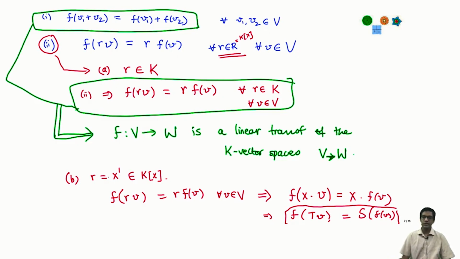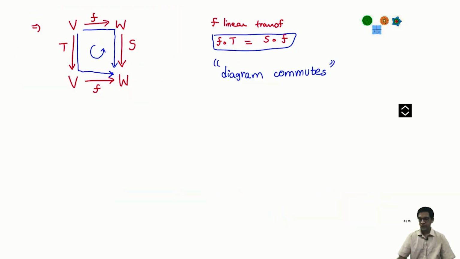What about r equals x square, x cube? What about 1 plus x square, and so on? It turns out all of those don't really add any more information to this mix. So if a function f satisfies these two properties, that it's a linear transformation and makes the diagram commute, then it automatically ensures that it is an R linear map or a homomorphism. Meaning all the other r's can also be pulled out.